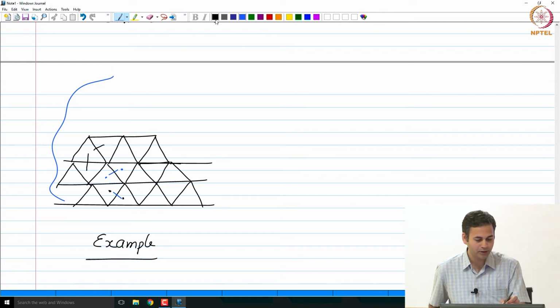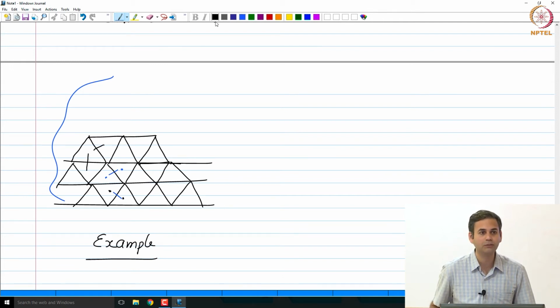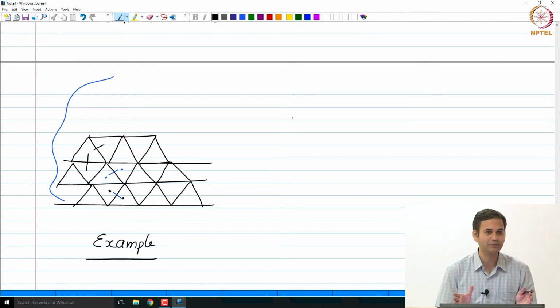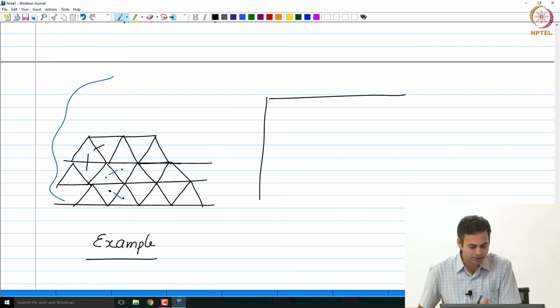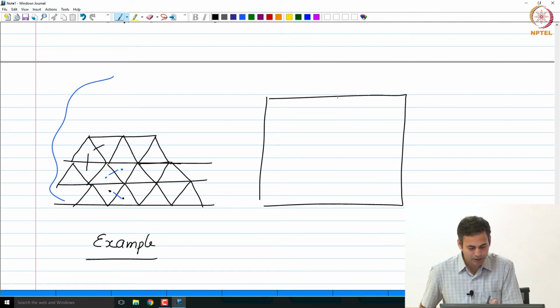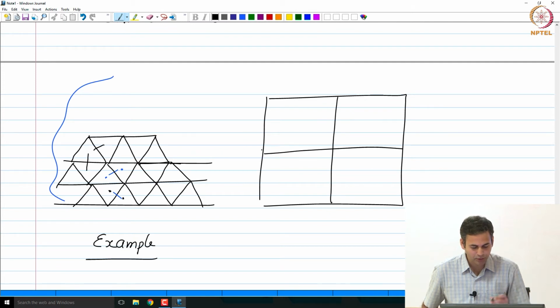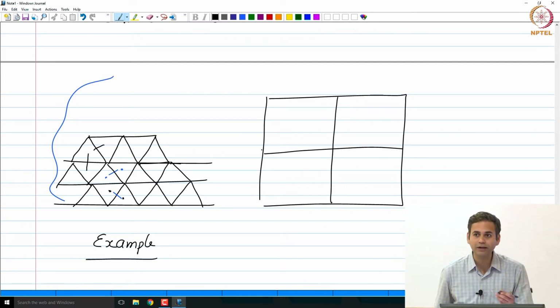Okay. What is the other way you can generate another orthogonal mesh? You can of course have a structured mesh, which is a square mesh or something, and we can partition them into triangles, cut all these squares into triangles, then you can probably get an orthogonal mesh, that is also possible. So let us say we start off with a square mesh. Now I want to convert this into an orthogonal triangular mesh.